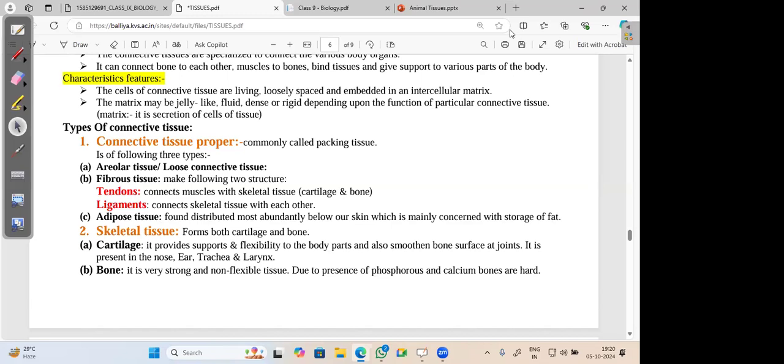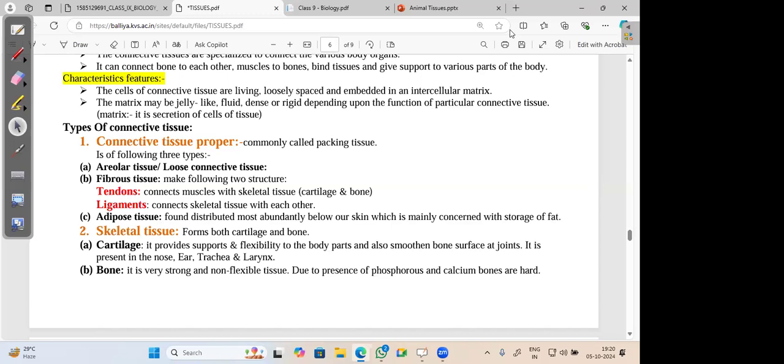Okay. So, Jitendra, where do we find the squamous epithelium? Sir, in the lining of mouth. Lining of mouth, lining of the Bowman's capsule, and lining of the blood vessels. Sir, lining of esophagus. Yes, lining of the esophagus.